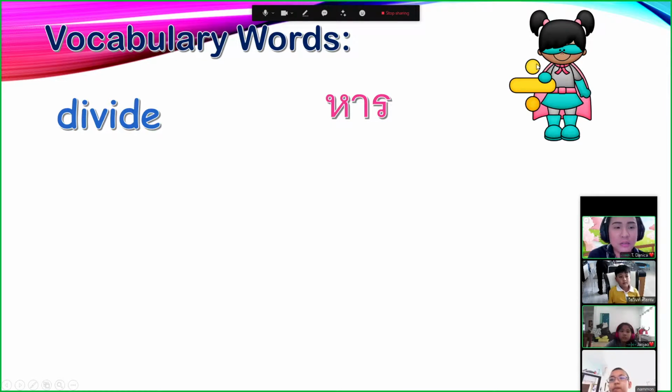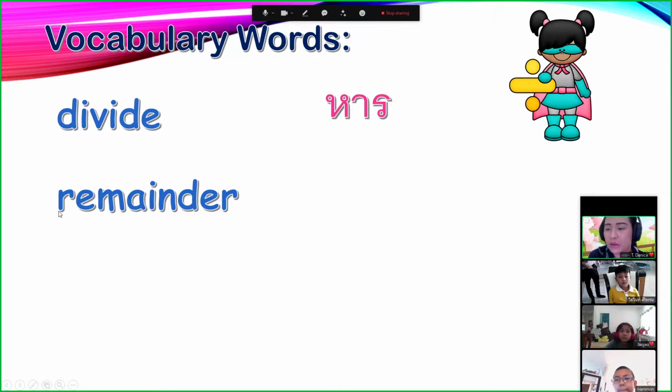When you see this symbol, it means you divide. Next, what's the next word? Yes, remainder. Everyone say remainder.